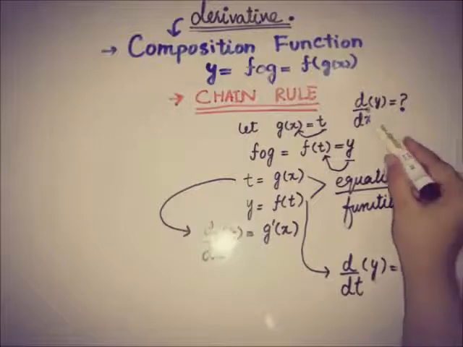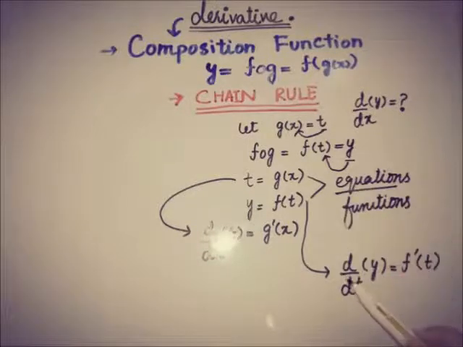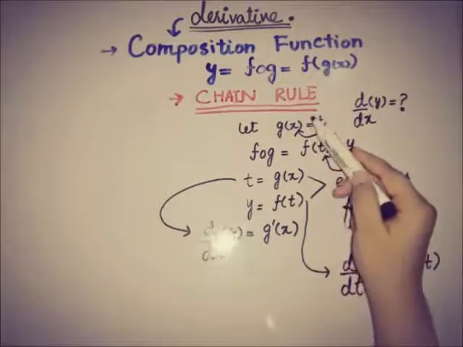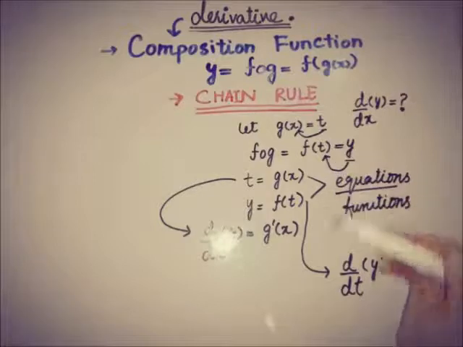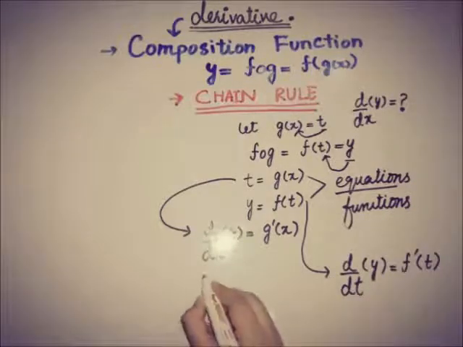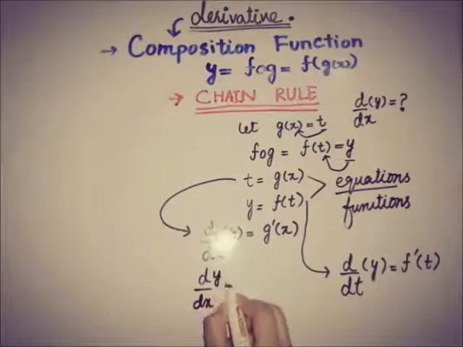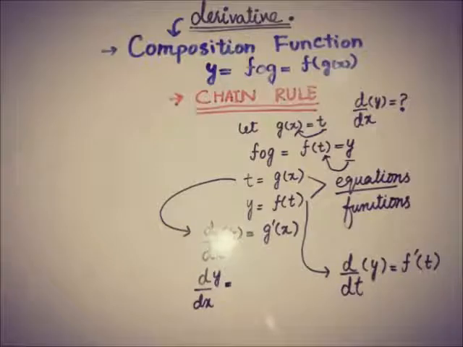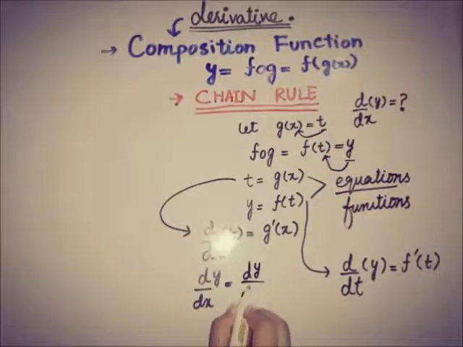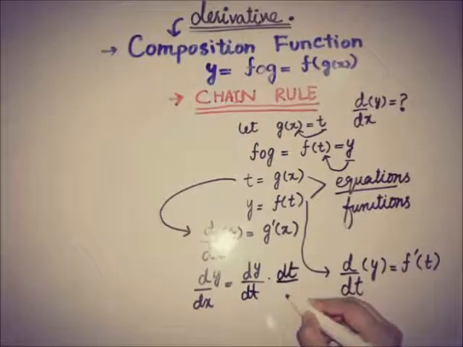But we have to find the derivative of y with respect to x. So the main use of the chain rule is this, that we can write dy by dx is equal to dy by dt into dt by dx.